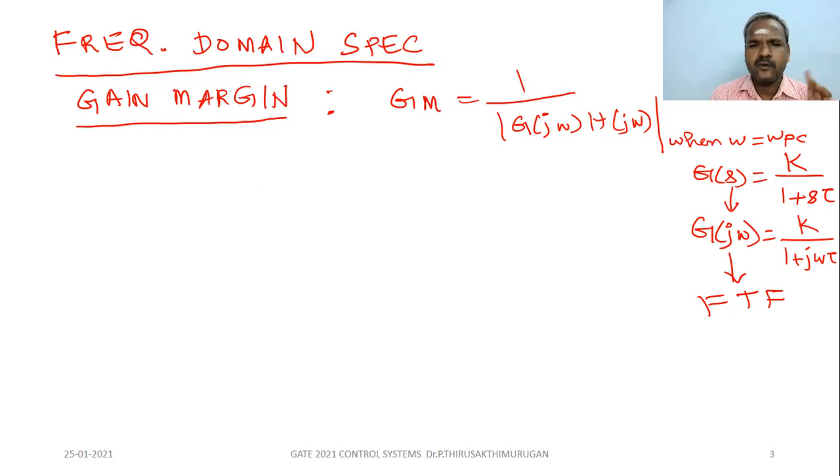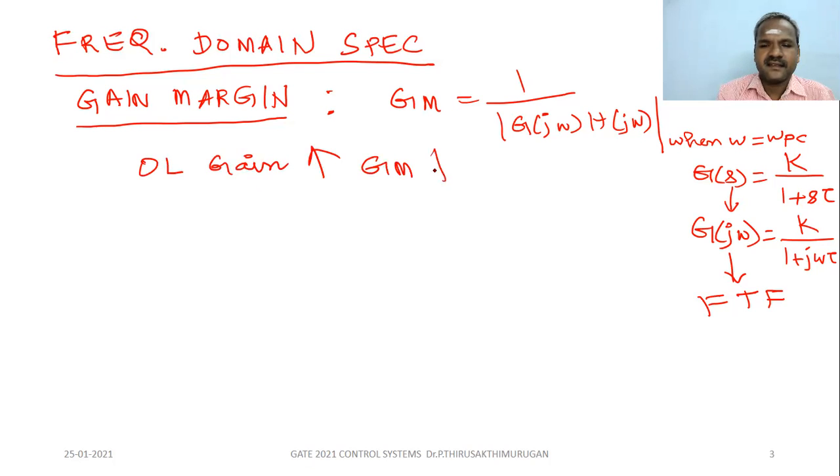If the open loop gain increases, the gain margin decreases. It is easily observed from the formula that gain margin is inversely proportional to the gain.